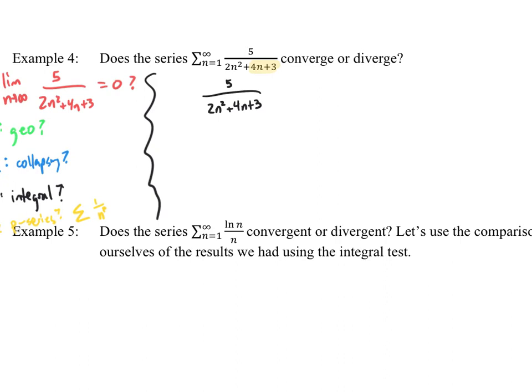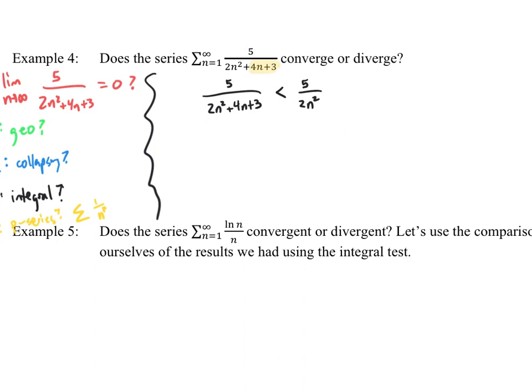So let's go ahead and eliminate them. Let's compare this to 5 divided by 2n squared. Now the question is, which one is larger? If you think through fractions, 5 and 2 are the same, n squared is the same. On the left, we're dividing by more, which means it's a smaller number.